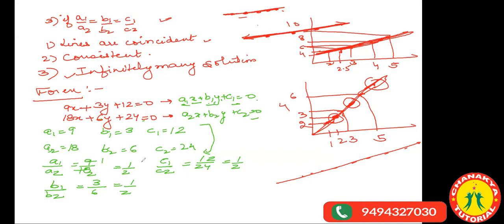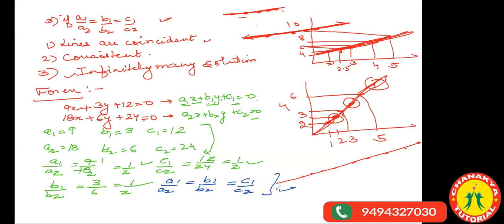Yes. So 1 by 2, 1 by 2 and 1 by 2. So all three fractions have got the same value. So A1 upon A2 is equal to B1 upon B2 is equal to C1 upon C2.